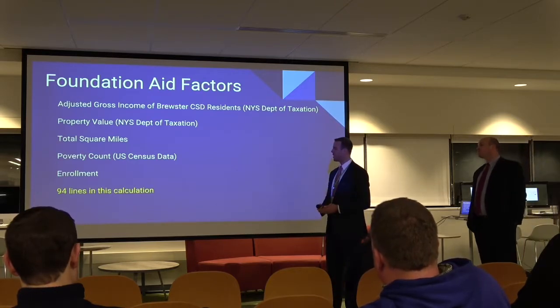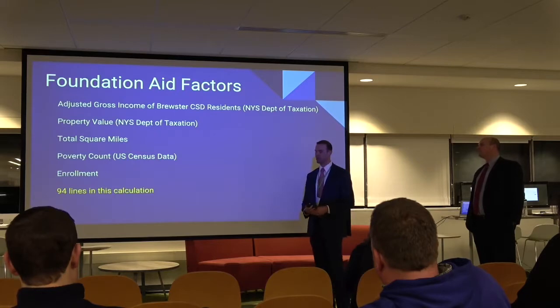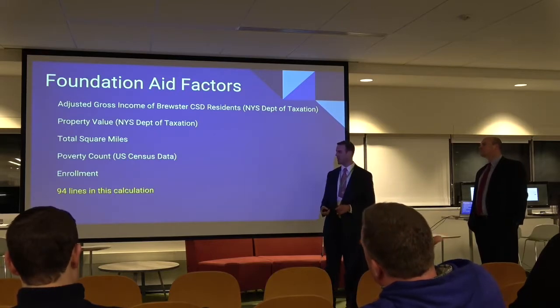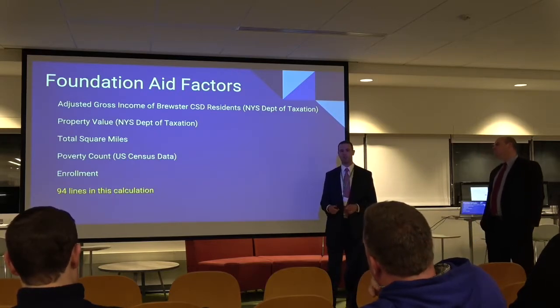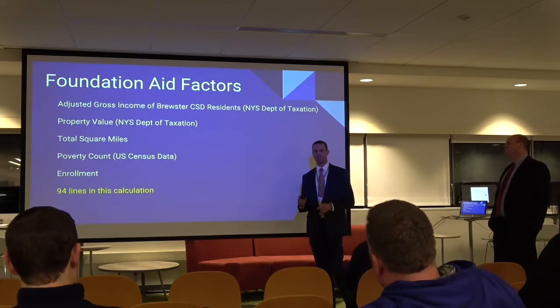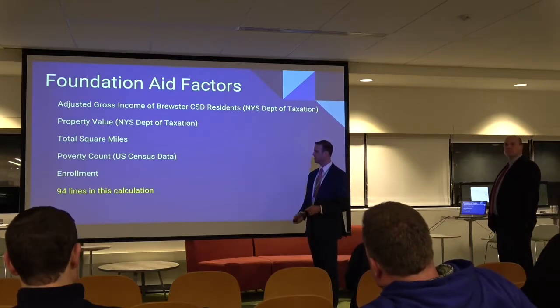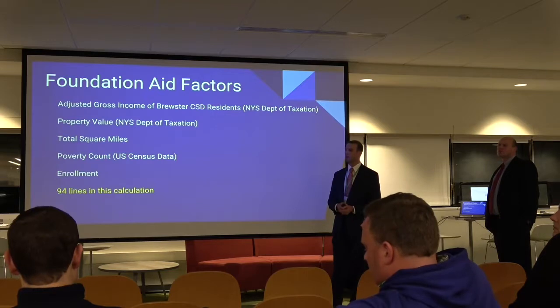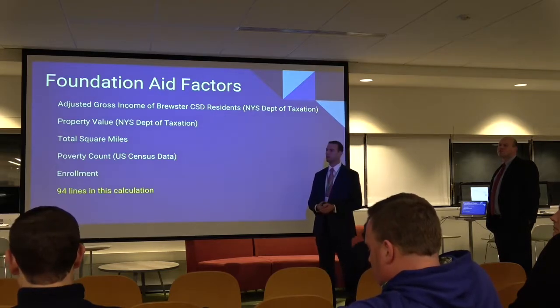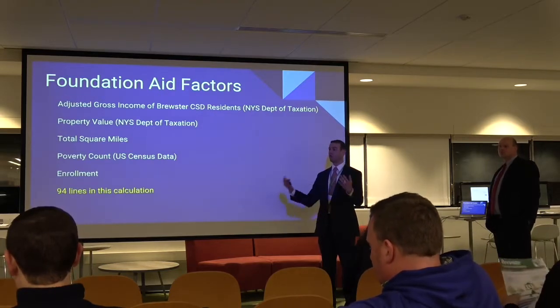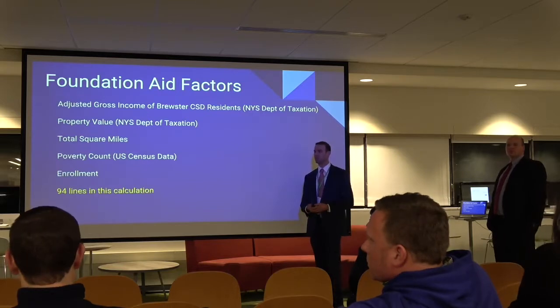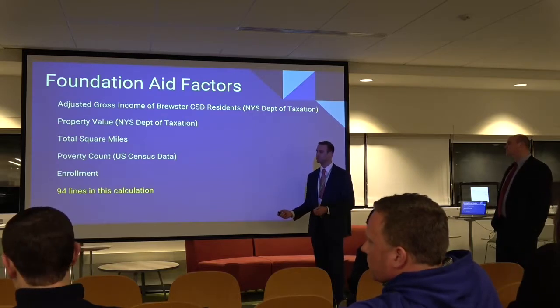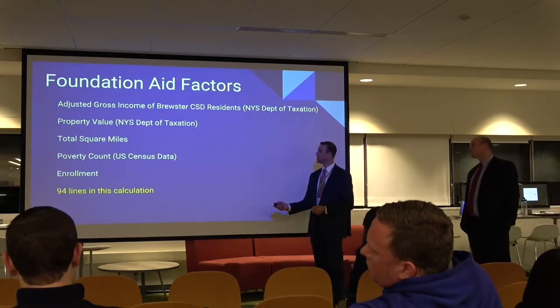But the bottom line is, Brewster Central School District is being shortchanged by the state by about $4.7 million each year for the state's failure to implement the foundation aid. And if we could get that money back, it would be somewhere in the neighborhood of about $22 million over the course of the full time in which this process was set in place.